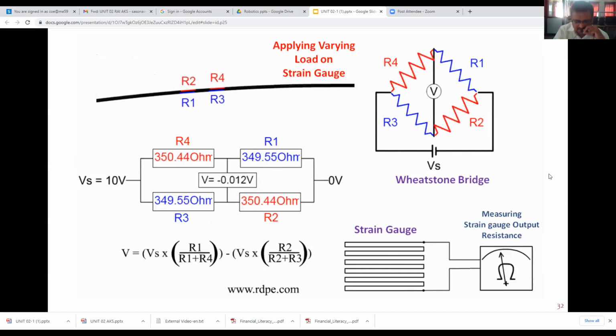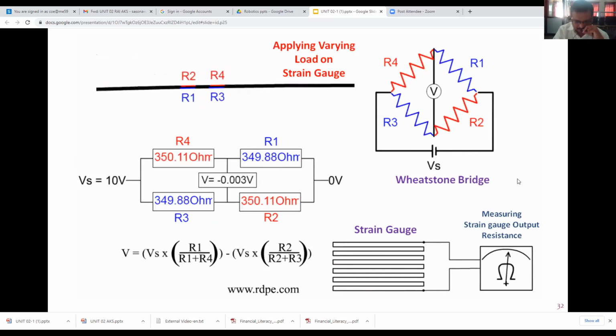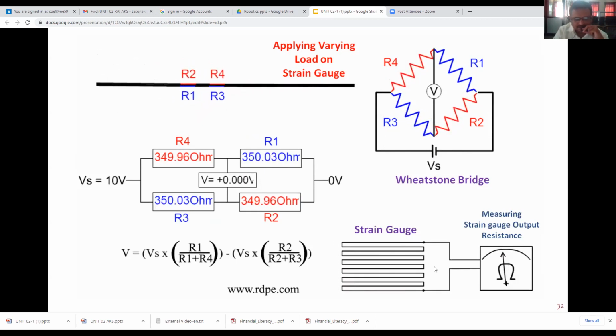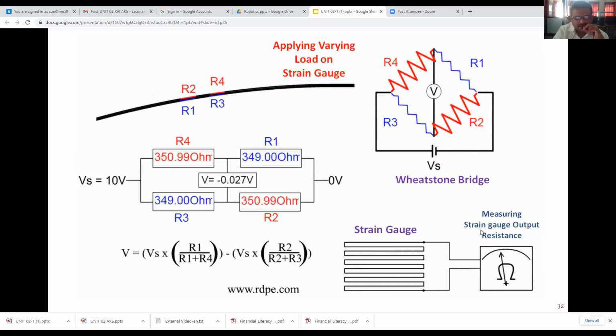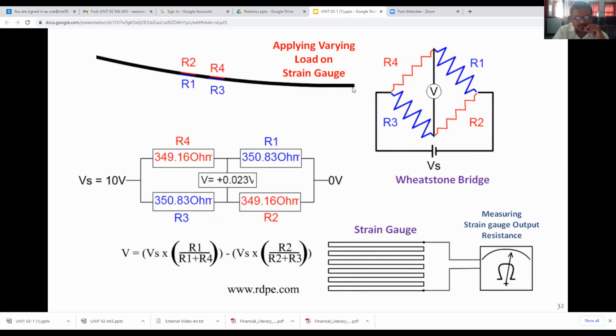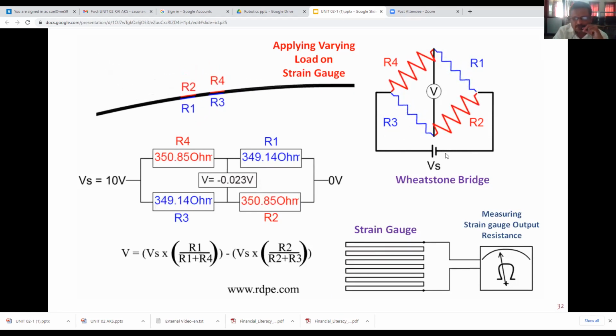You can see here also this strain gauge is expanding and contracting. When it is going up, it is expanding. When it is going down, it is contracting. Now therefore this is nothing but applying varying load on the strain gauge, that is the use of the strain gauge for measurement of force.